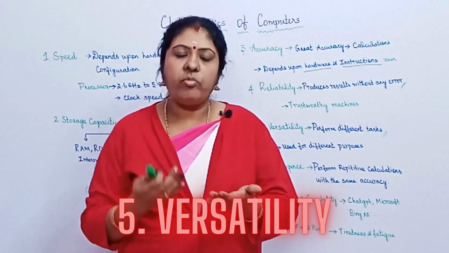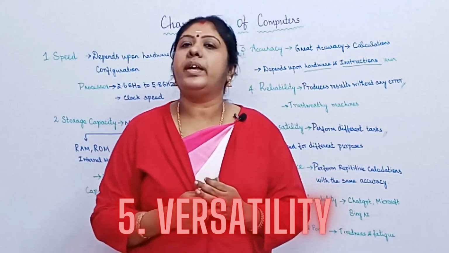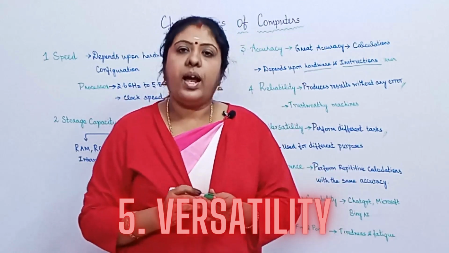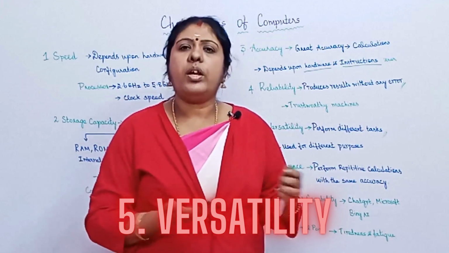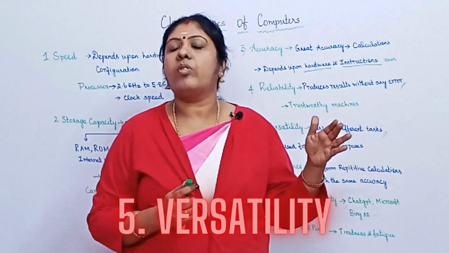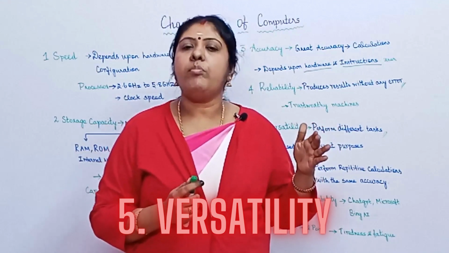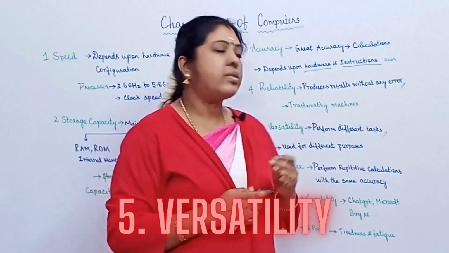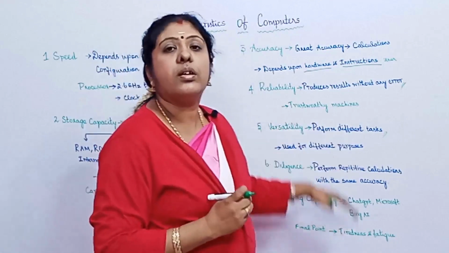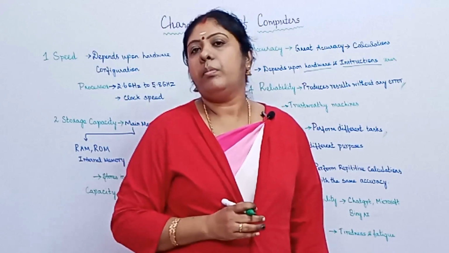At the same time, when you have a doubt, you can browse through the internet, and at the same time, you can download a file also. Everything happens within the same computer at the same time. That is called multitasking, and thus computers are called versatile machines.